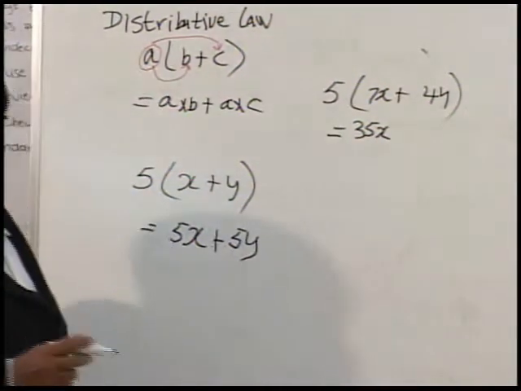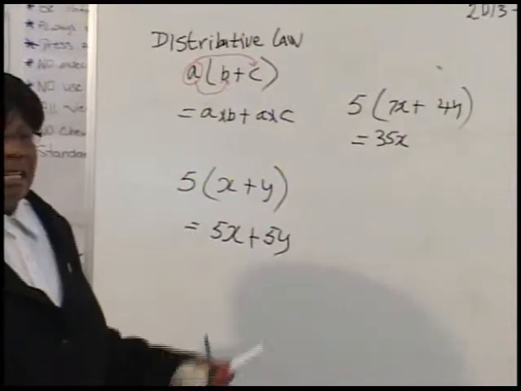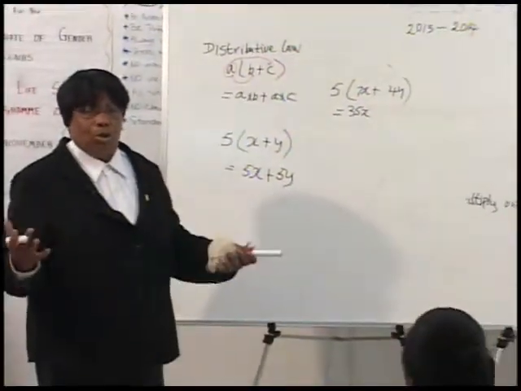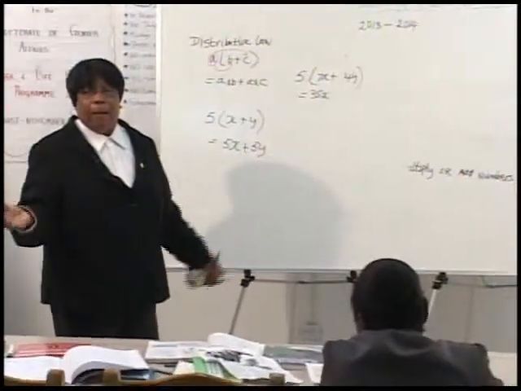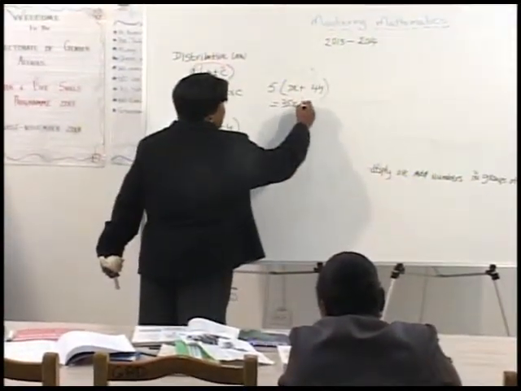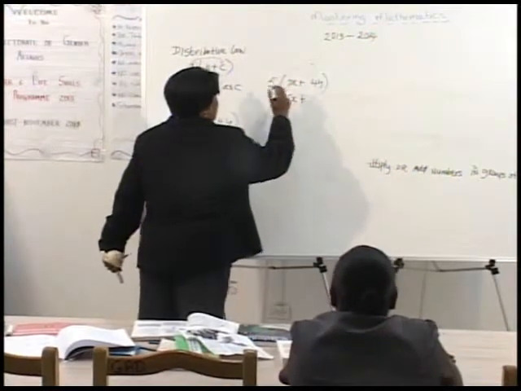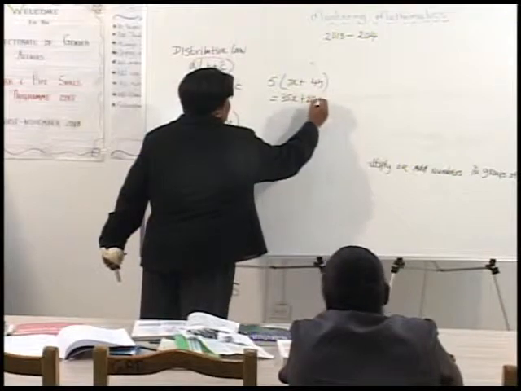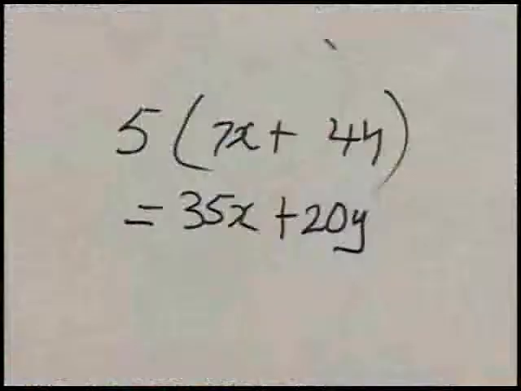And that is what people are afraid of when they see the letters, but it's just as if you're saying you are Western, you are Benjamin, you are Grant, and you are White, okay? And then again, it would be plus 5 times 4 is 20. So 20, and it is hooked on to y. And we put it back. All right? And that operation comes from using the distributive law.